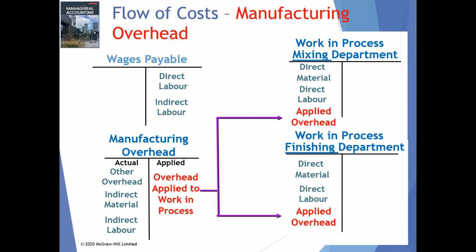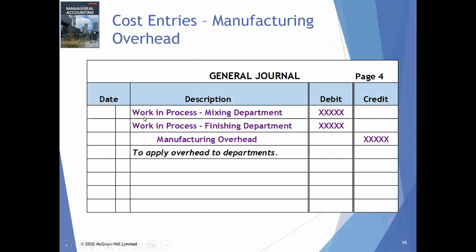Accordingly we are just going to apply these expenditures. Overhead means expenditures, right? So this is for the manufacturing overhead. Now the entry will be work in progress for the mixing department, and work in progress for the finishing department. So the manufacturing overhead is the main expenditure over here.